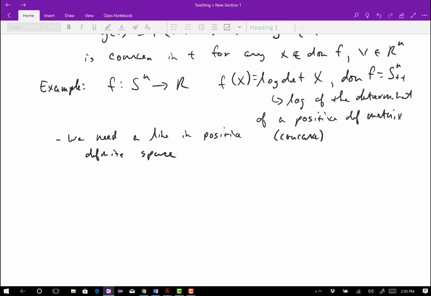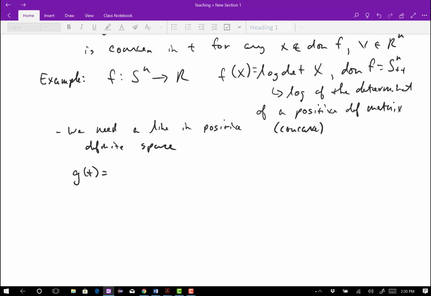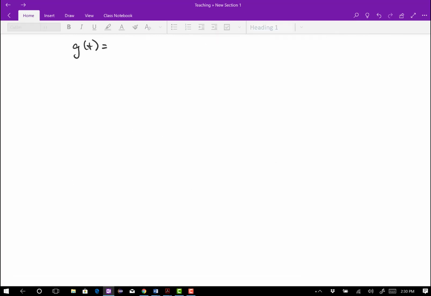So let's define our function g of t. G of t is going to be equal to f of x plus tv, and f of x is log det x, so it's going to be log det of x plus tv, remember x is a matrix.